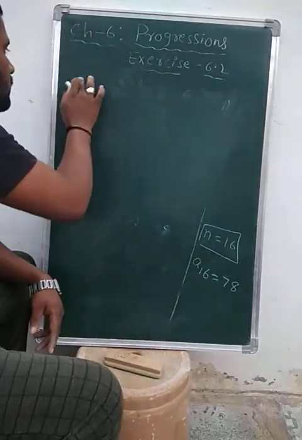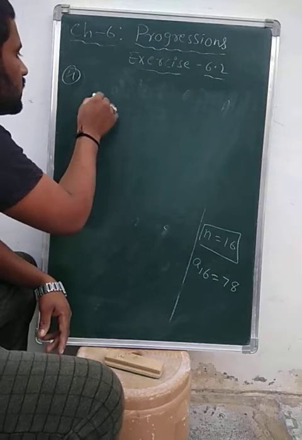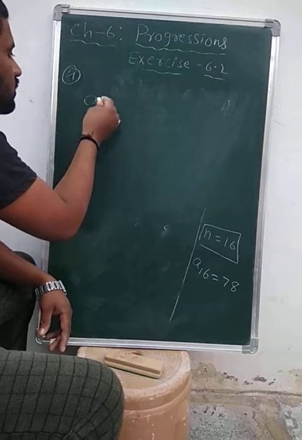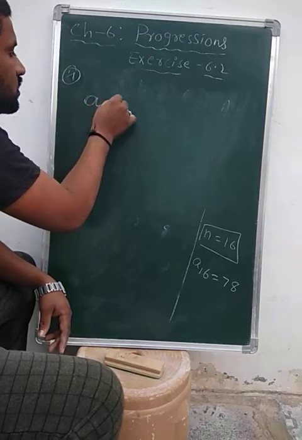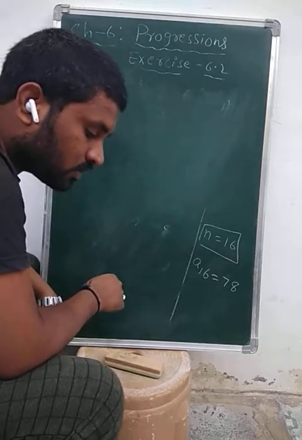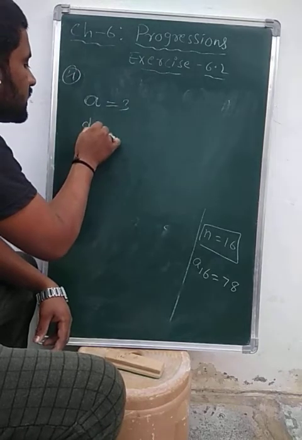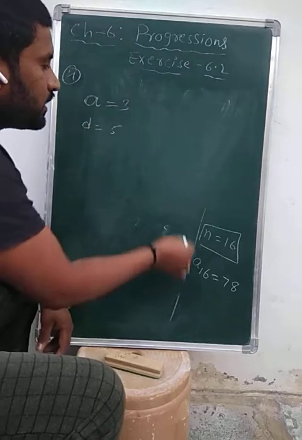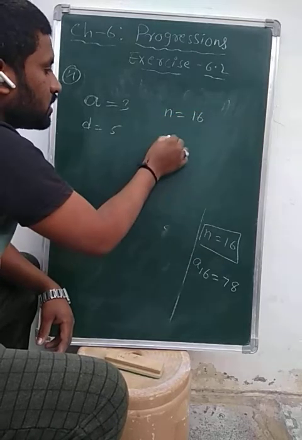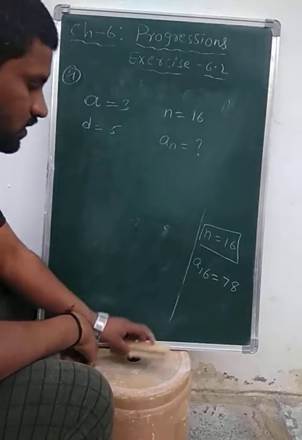Now as per the data, the given AP has the first term a equal to 3 and common difference d equal to 5, and n equal to 16, so what is an?